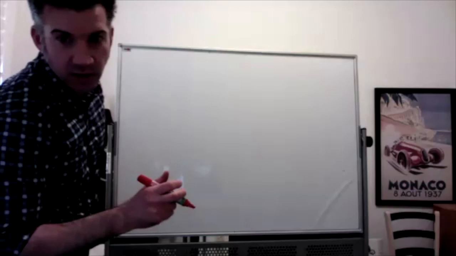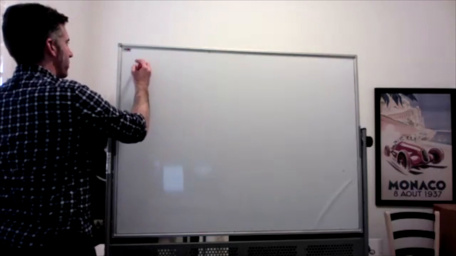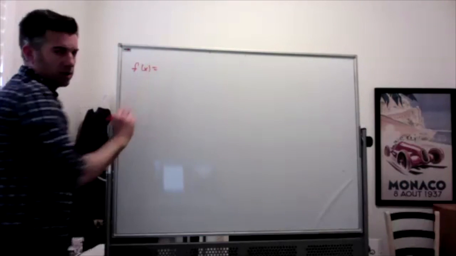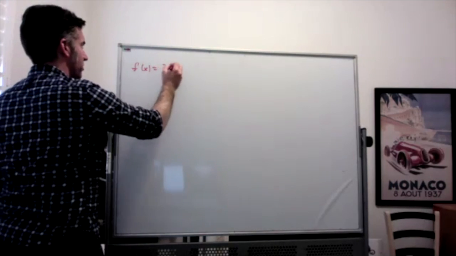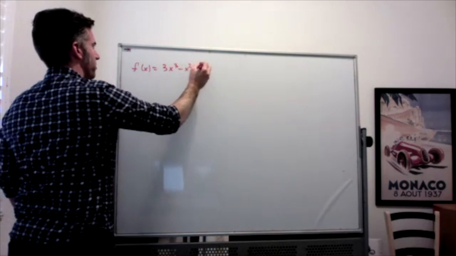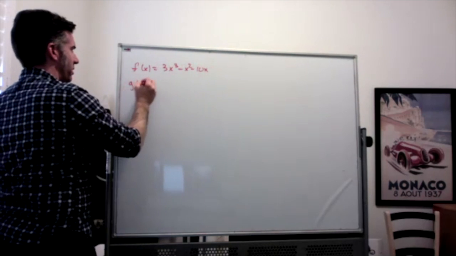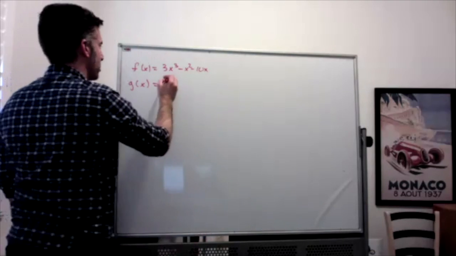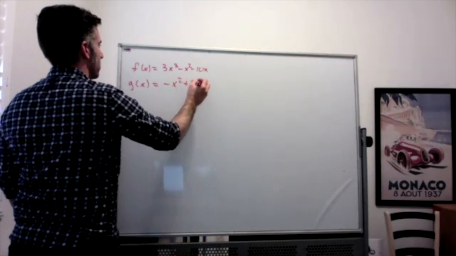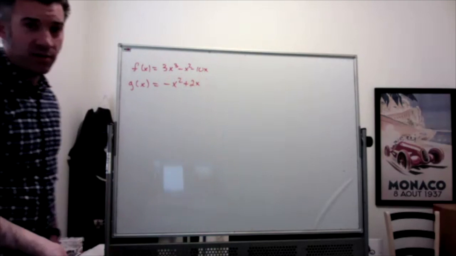I got a few of these. So first example, f of x is going to be 3x cubed minus x squared minus 10x, and g of x is going to be negative x squared plus 2x. And I want to find the area between these two things.